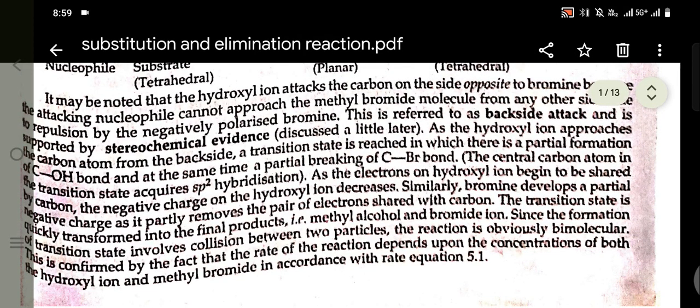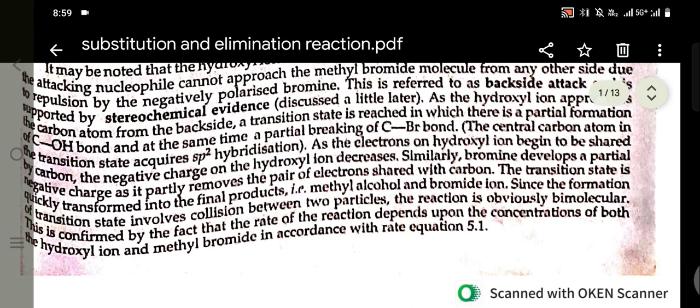Since the formation of the transition state involves collision between two particles, the reaction is obviously bimolecular. This is confirmed by the fact that the rate of reaction depends upon the concentration of both the hydroxyl ion and the methyl bromide in accordance with the rate equation.